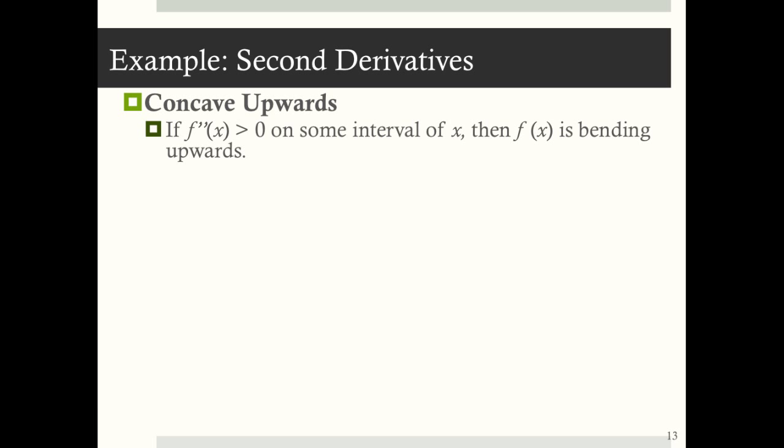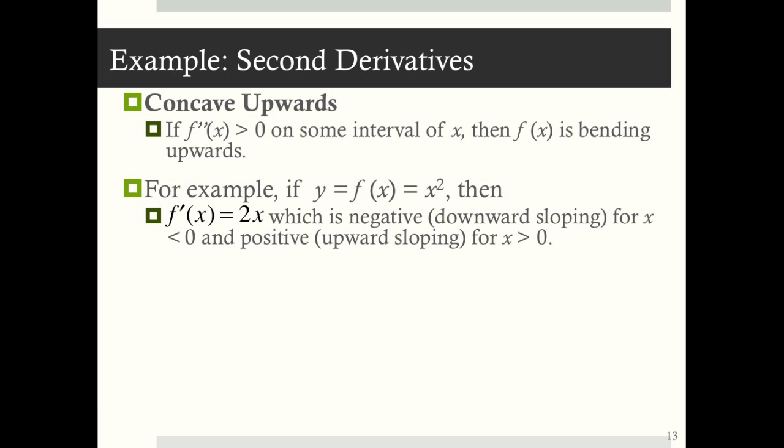So let's take a look at the concave upwards and concave downwards definitions. Concave upwards just means bending upwards. So if f double prime x is greater than 0 on some interval of x, then f of x is bending upwards. We just said that. For example, if y is equal to x squared, then the first derivative f prime x is equal to 2x, which is negative or downward sloping for x less than 0, and is positive or upward sloping for x greater than 0.